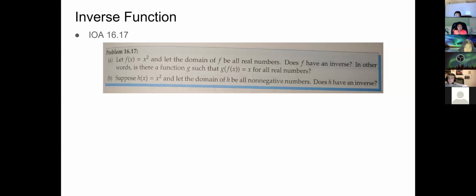Now it's all non-negative. Therefore, I will not have this negative sign anymore. So it's just the square root of y. Therefore, the inverse would be just the square root of x. There's no plus minus.